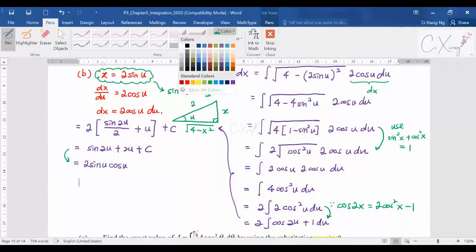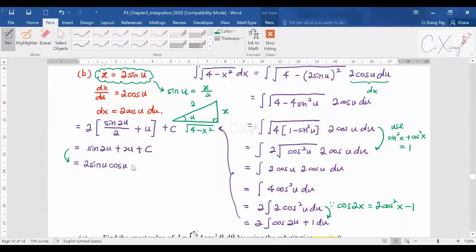Then plus 2u plus c. 2 is a constant, just copy. What is sine u? Sine u is x over 2. What is cos u? Square root of 4 minus x squared, divided by 2.